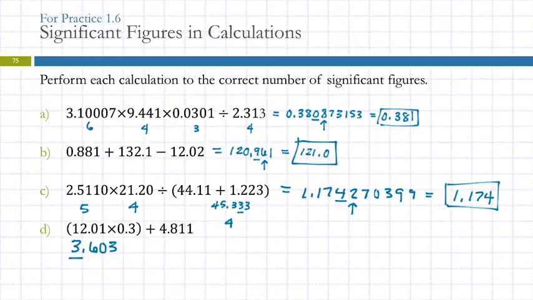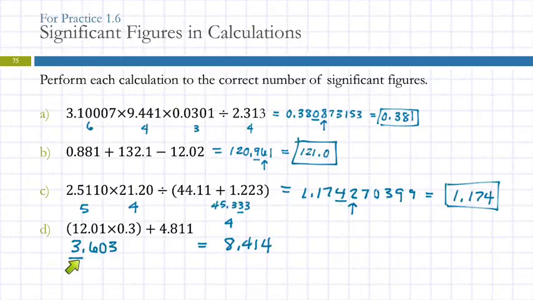And then I'm going to add the 4.811. And so the calculator shows me 8.414 as my answer. I'm taking the result of that calculation, and I'm adding this one.